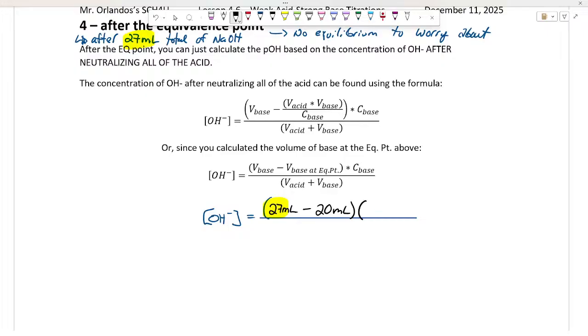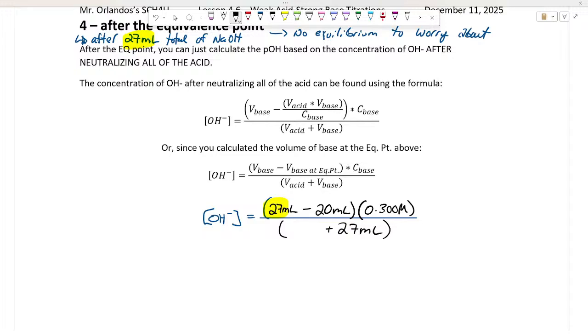What was the concentration of our base? Way back to the beginning of the question, what concentration are we working with? 0.300 molar, right? And then, if we've added 27 mils of base total, how much acid did we start with?